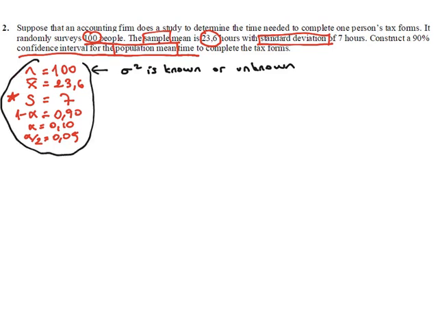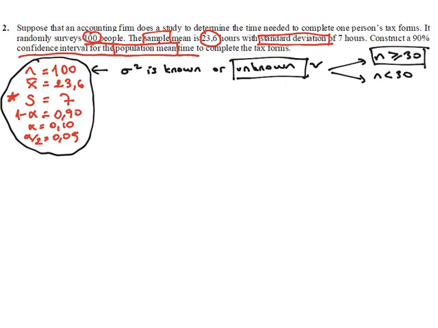We cannot see any sigma or sigma square, so it is unknown. Since it's unknown, we need to ask another question. Is sample size n greater than 30 or less than 30? We can say that n is 100, which is greater than 30.